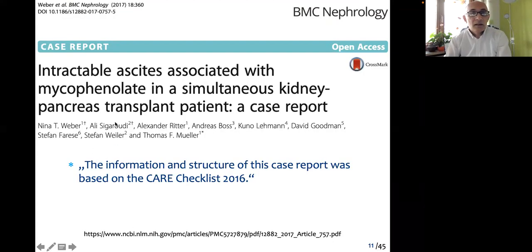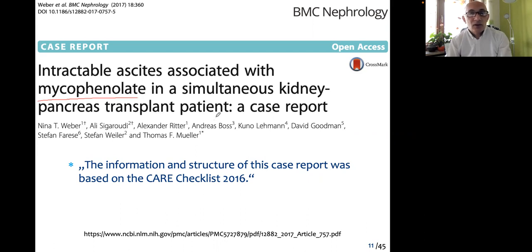Here is an example of a case report. Let us see what was the motivating factor to publish this patient. This is a patient with intractable ascites associated with mycophenolate in a simultaneous kidney pancreas transplant patient.